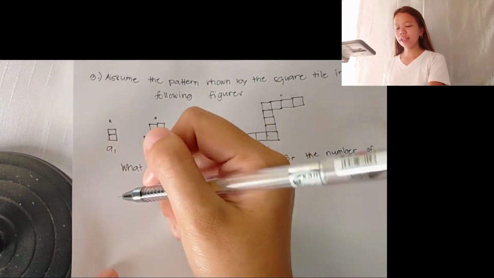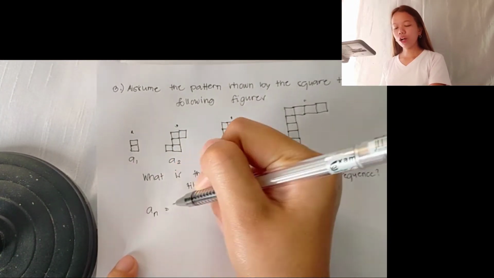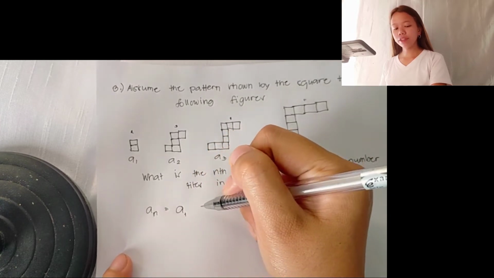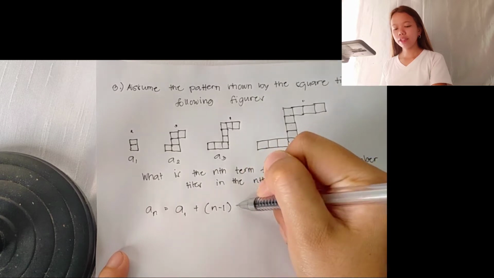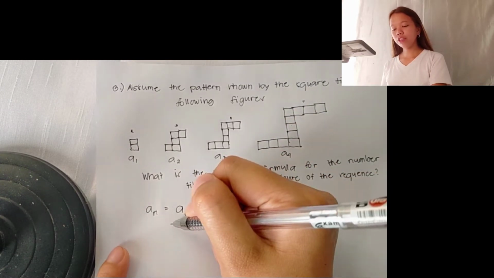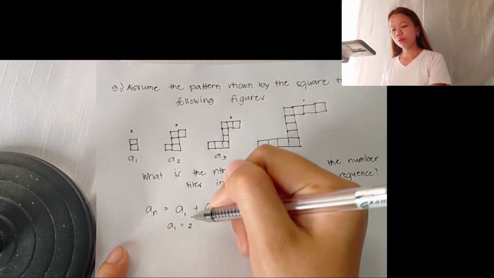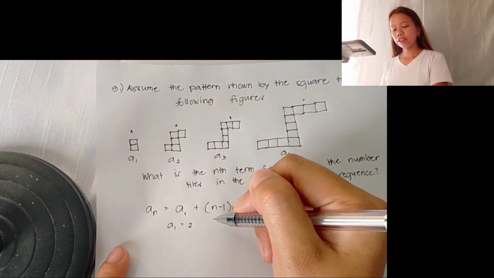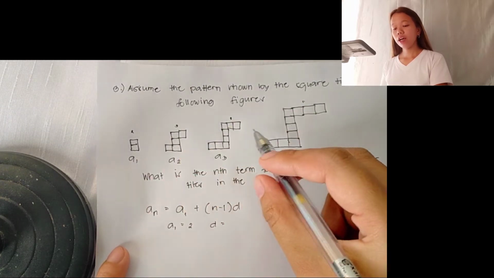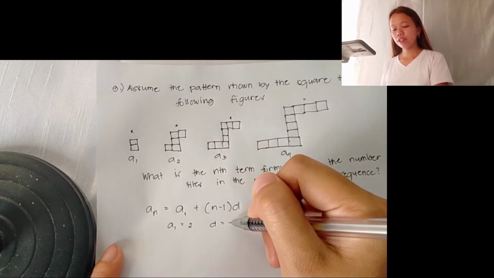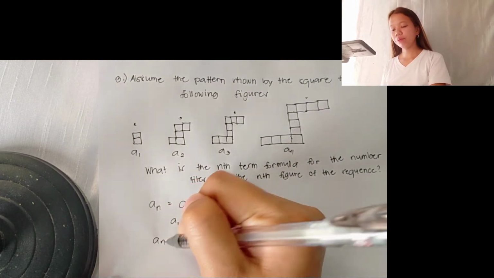So the formula is a sub n equals a sub 1 plus (n minus 1) times d. So the value of the first term, or a sub 1, is 2 because there are 2 tiles. And d, the difference between the terms, is the number 3. So let's substitute the values.